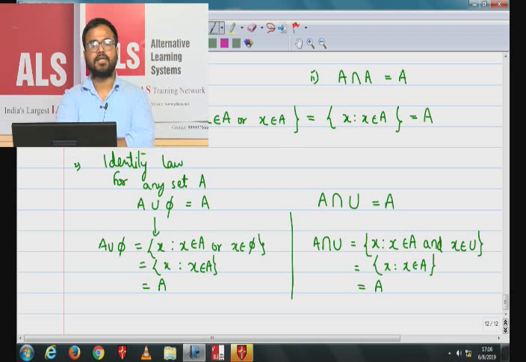These are the two laws, the idempotent law and the identity law. You don't have to remember these things, but the way of derivation can be asked.